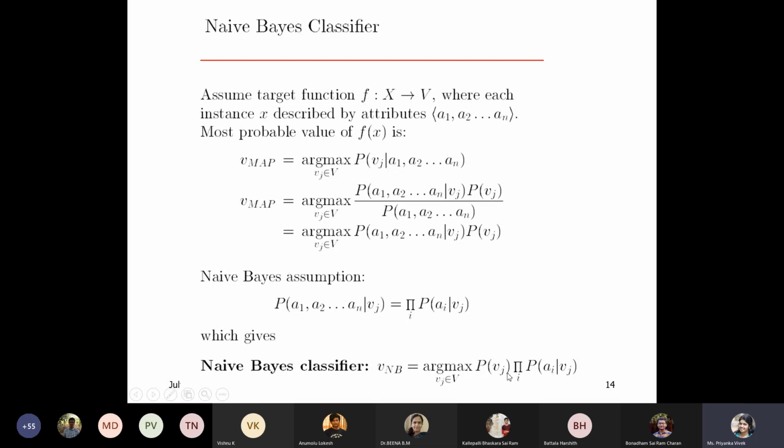Don't worry so much about this terminology. I'm just telling because if you see it, you should understand. That's all. So given the class label, each attribute's conditional probability is multiplied together with the prior probability of that particular class. Like this, you will find for each Vj, that is, for class yes, we'll find this. Same way for class no also we'll find it. Then whichever is maximum, we'll take that.